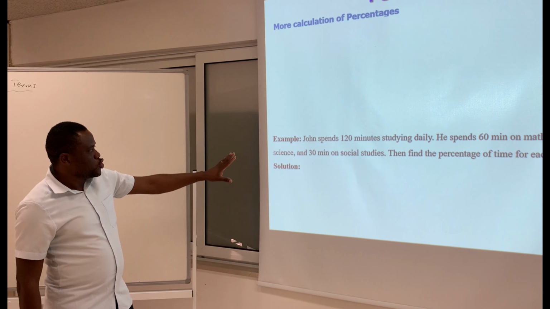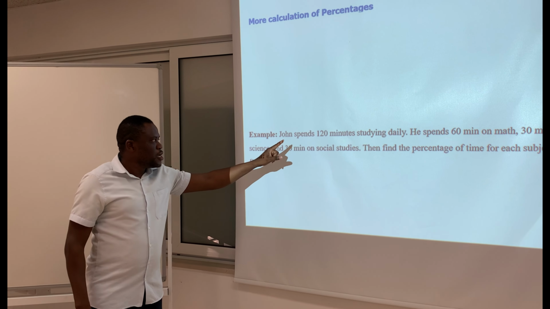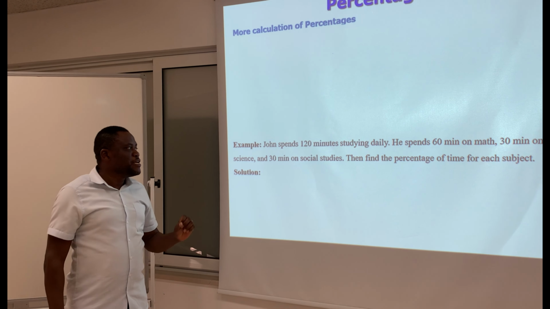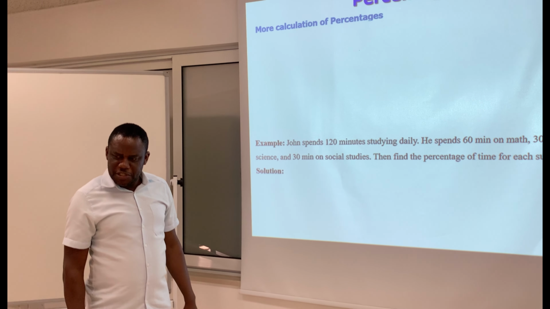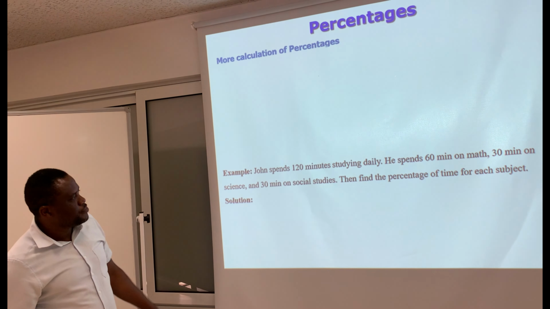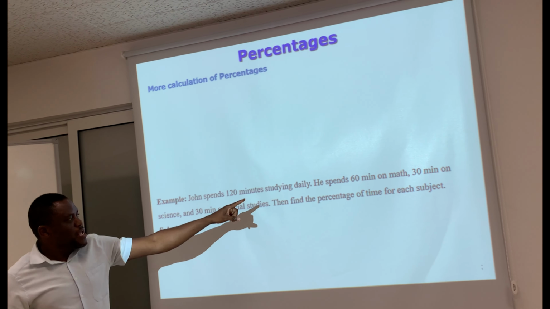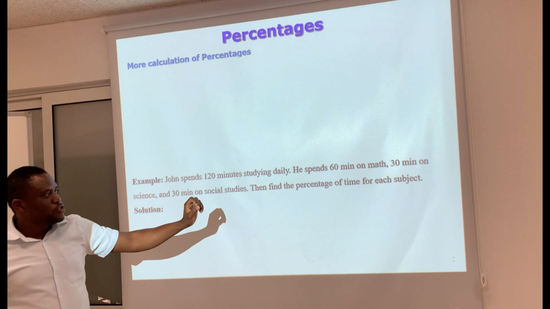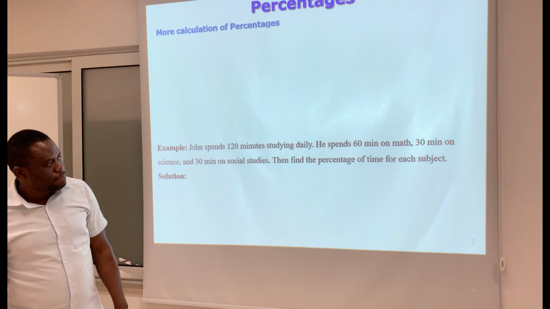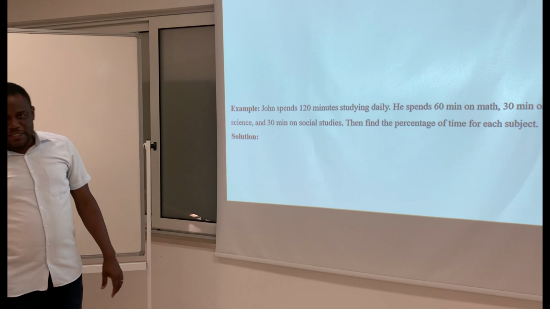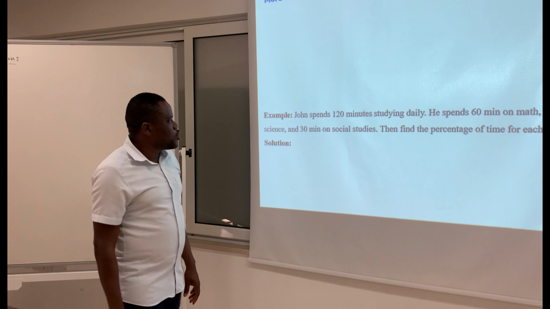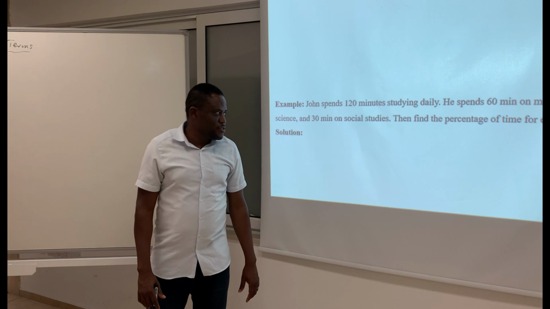The question is, John spends 120 minutes studying daily. That's good. Now, he spends 60 minutes studying mathematics, 30 minutes on science, and 30 minutes on social studies.